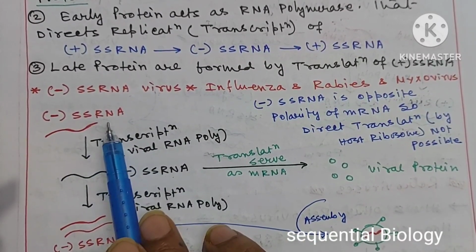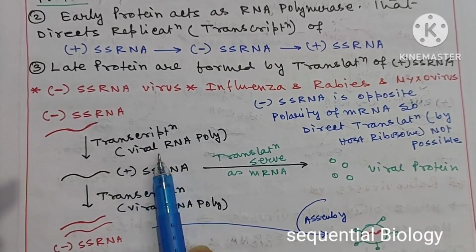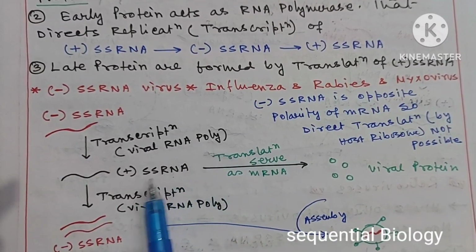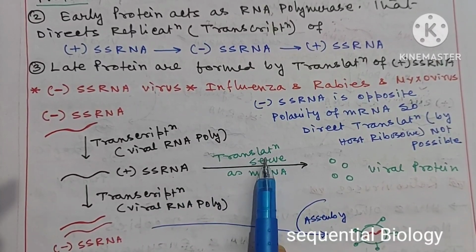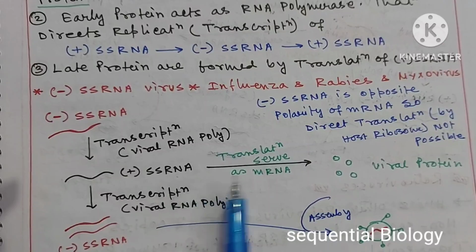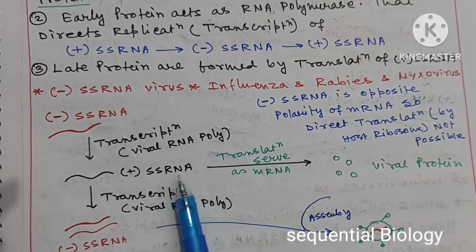So the minus ssRNA is first transcribed into plus ssRNA using their own viral RNA polymerase, and then this plus ssRNA undergoes translation, because it can directly be involved in translation, since it has the same polarity as mRNA.